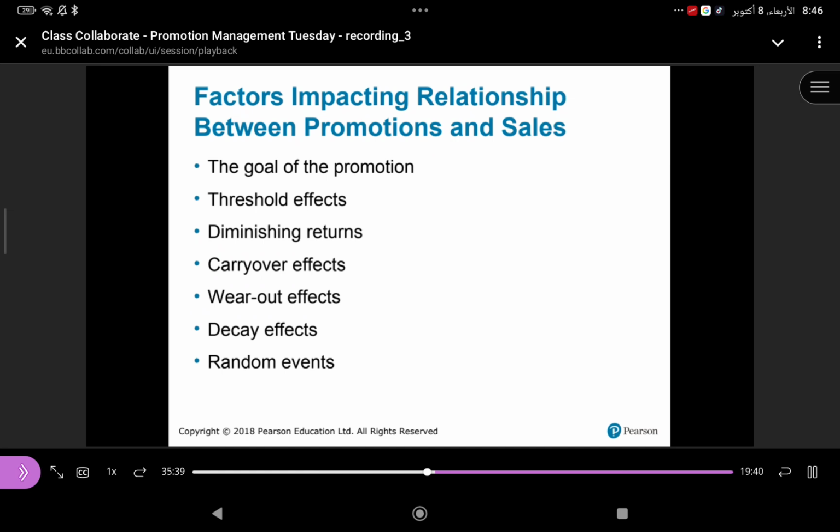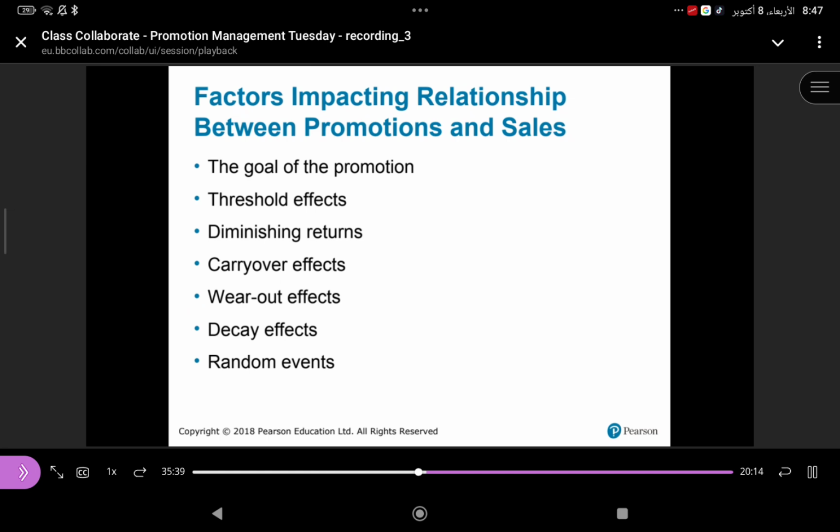For FMCG products, promotions have stronger and immediate impact. Luxury goods, promotion may harm their prestige also. For new product promotions and awareness, both of them work very fine. Promotions during festive seasons like Ramadan, Eid, National Day strongly boost the sales.